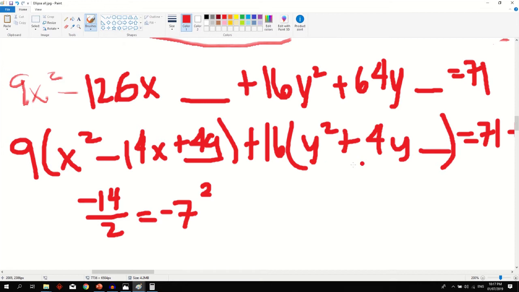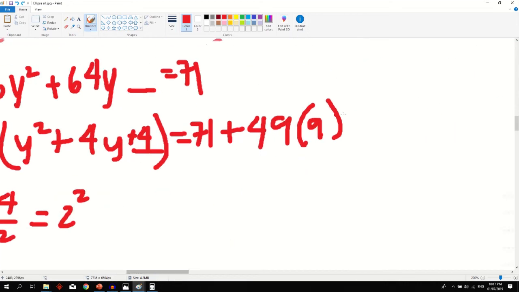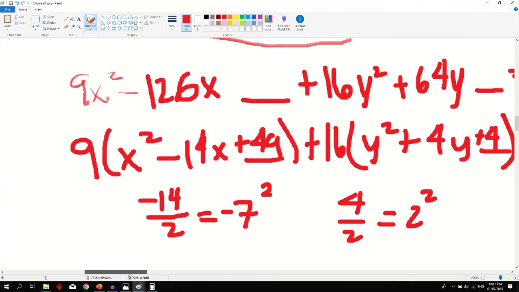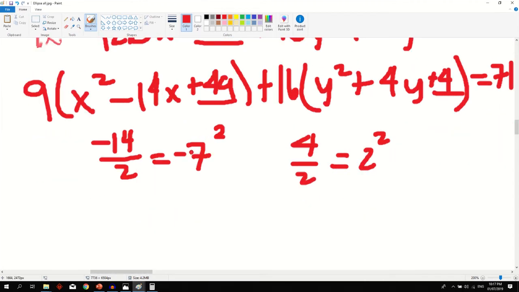Then it's about here. So 4 divided by 2 is equals to 2, squared is equals to 4. So plus 4 times 16. So you can see that it's more complicated than it was before.